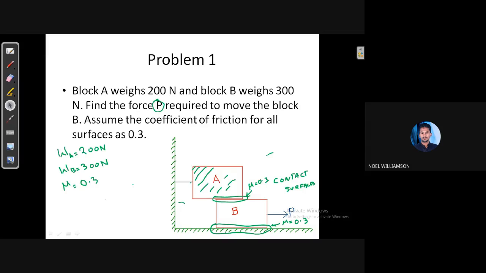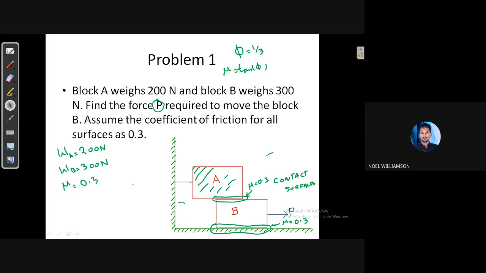Now suppose in some questions the value of mu will not be given directly. Instead they will give the angle of friction phi, for example 1/3 or like that. From there we can easily find the coefficient of friction as mu equals tan phi.